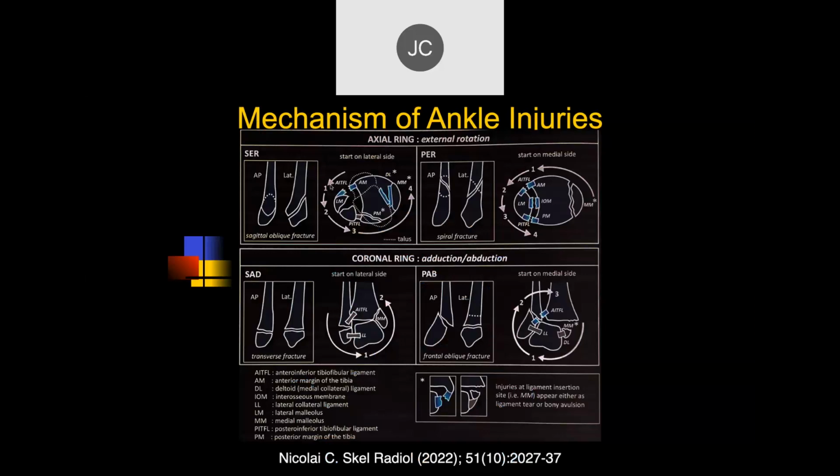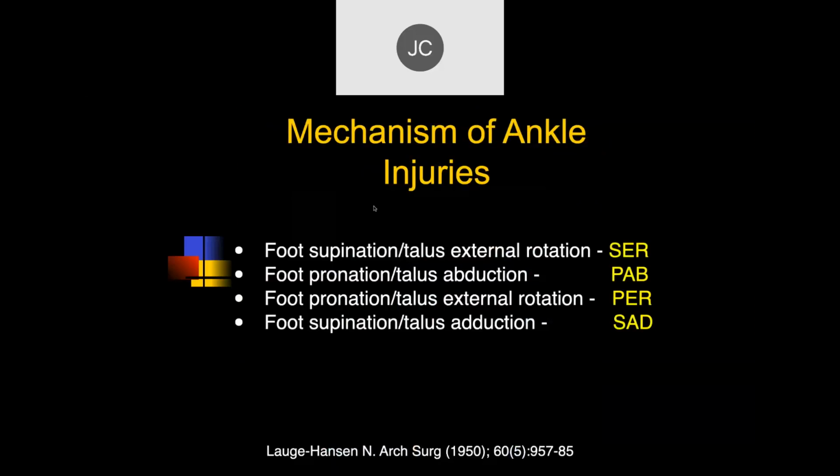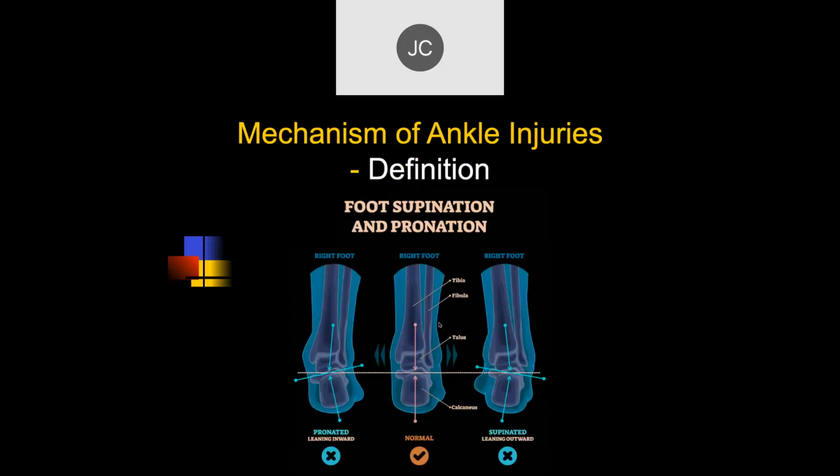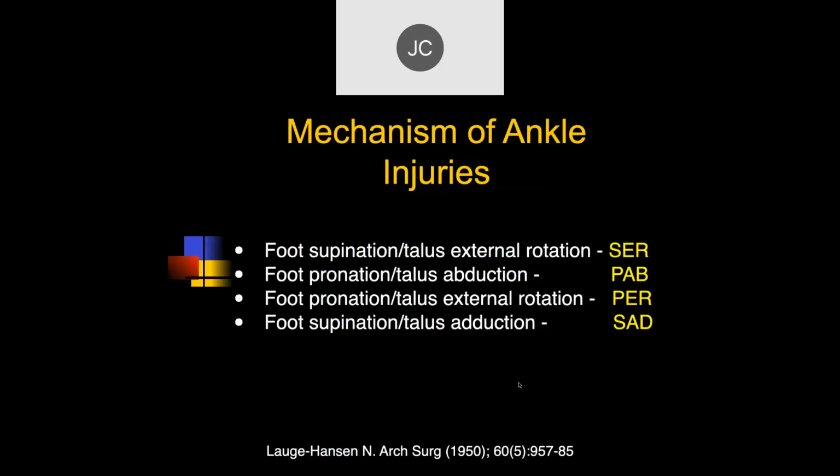So mechanism of injury. With the SER, you're going to have foot supination and talus external rotation. So you're going to have the calcaneus angle medially, and then external rotation of the talus.